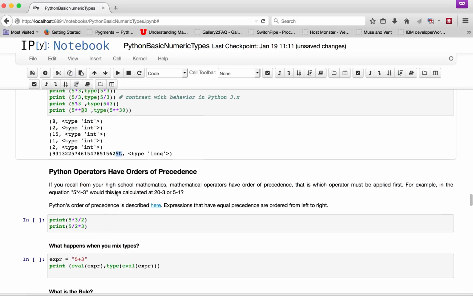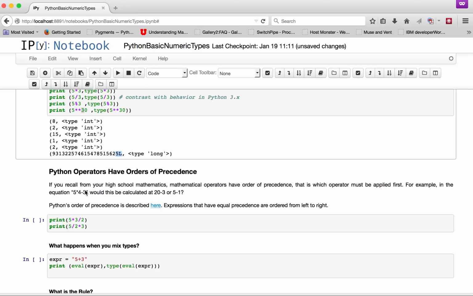Okay, Python operators have orders of precedence. If you recall from your high school mathematics, mathematical operators have order of precedence so that we know how to take an expression like 5 times 4 minus 3. Without rules, we wouldn't know whether this should be evaluated as 20 minus 3 or 5 times 1.